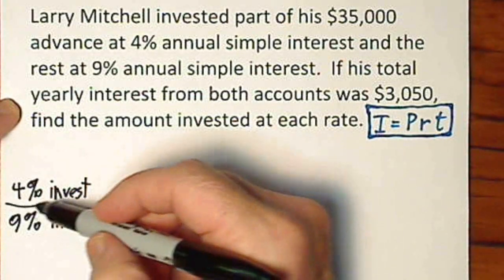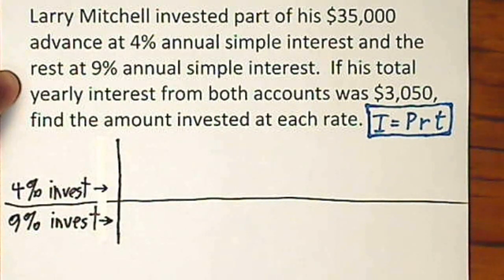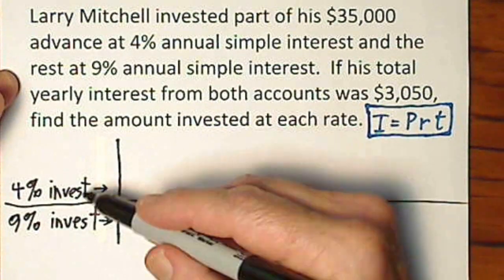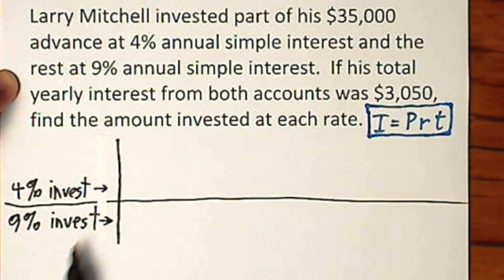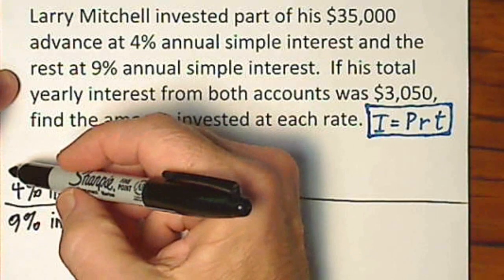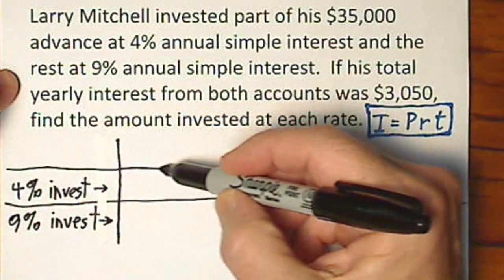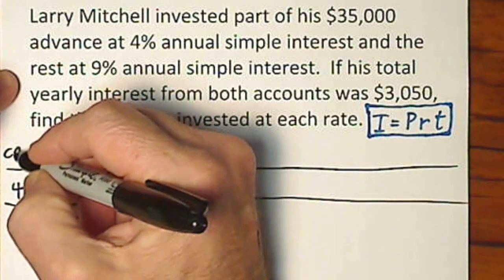Alright, and those are the two categories. We use this chart to help organize our thinking. We're not necessarily going to use these numbers from right here. That's why I've drawn the little arrows. It's just our categories. So these are just the categories.